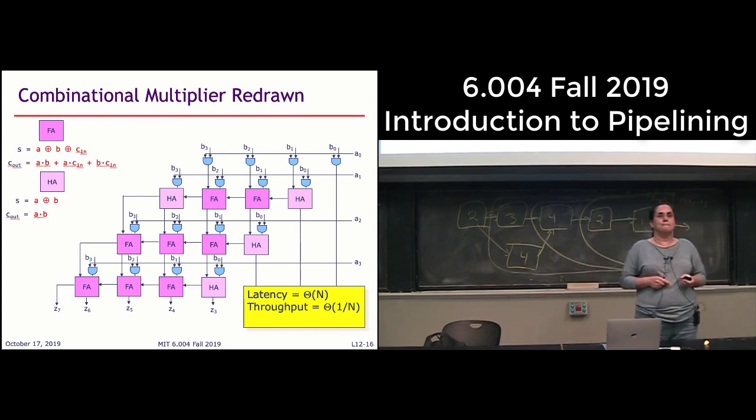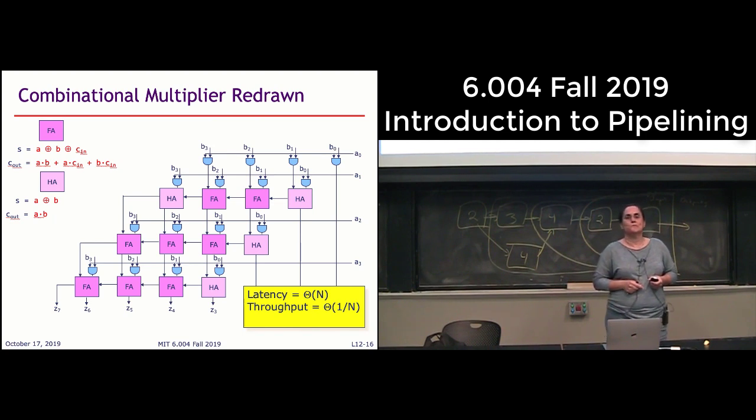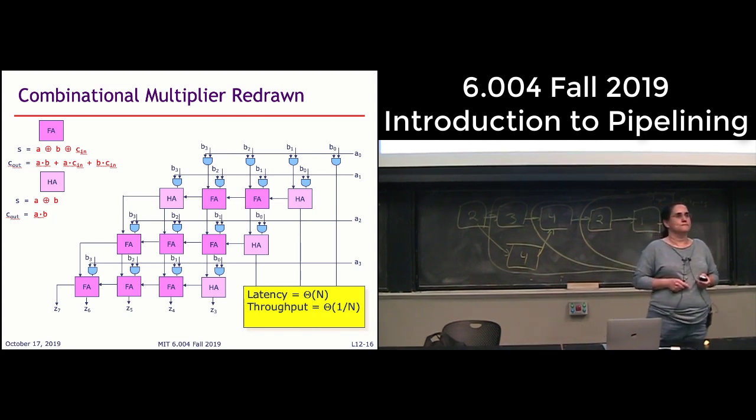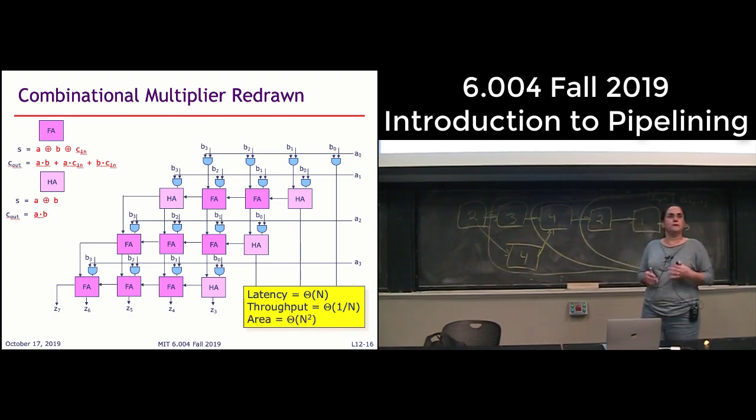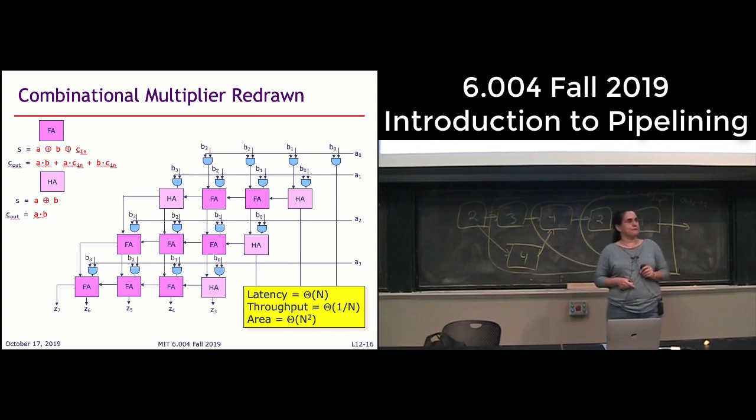How does it relate to n? Is that going to be linear in relation to n? No. It's going to be quadratic, right? Because I basically have essentially n times n of these full adders, okay? So this is our combinational implementation of this multiplier.